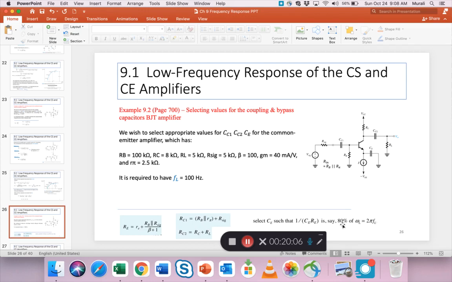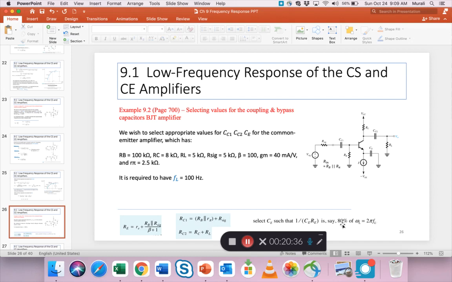So this 80% business is somewhat new. It's different from how we do it for the FET amplifier. For the BJT amplifier, the approach is slightly different. So you can see how he does the 80% calculation, right? So the goal frequency is 2 pi into 100, which is about 670 radians per second.